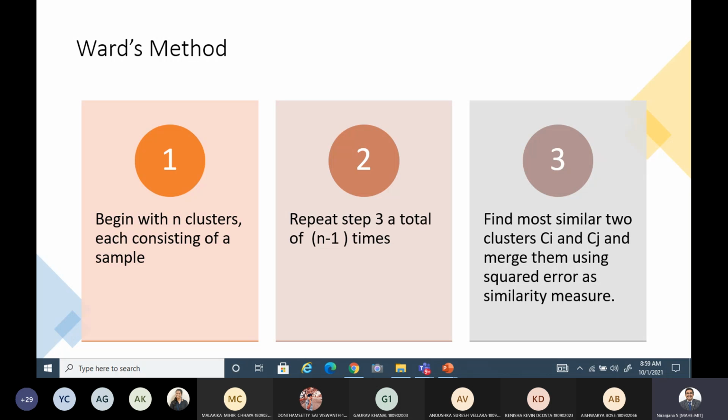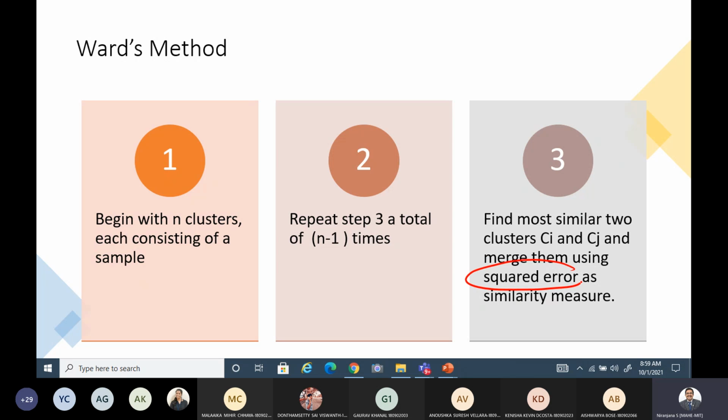But find the most similar clusters, Ci and Cj, and merge them. But that merging concept is not based on the similarity index. Here it is squared error. It is not the cluster distance.